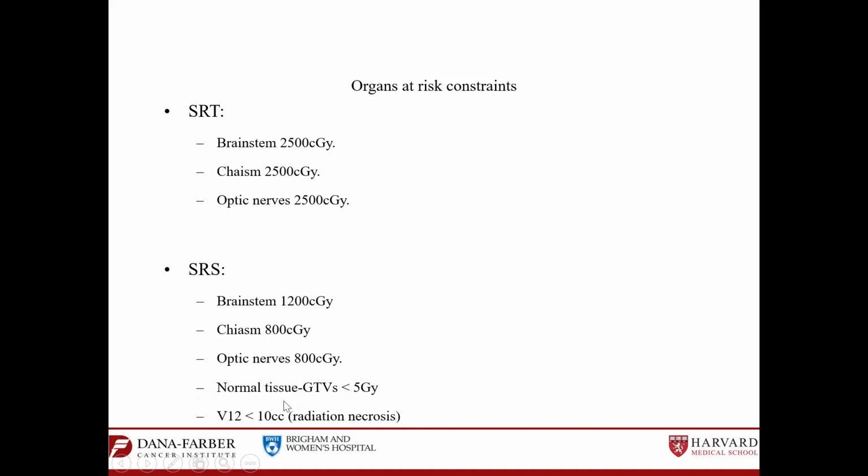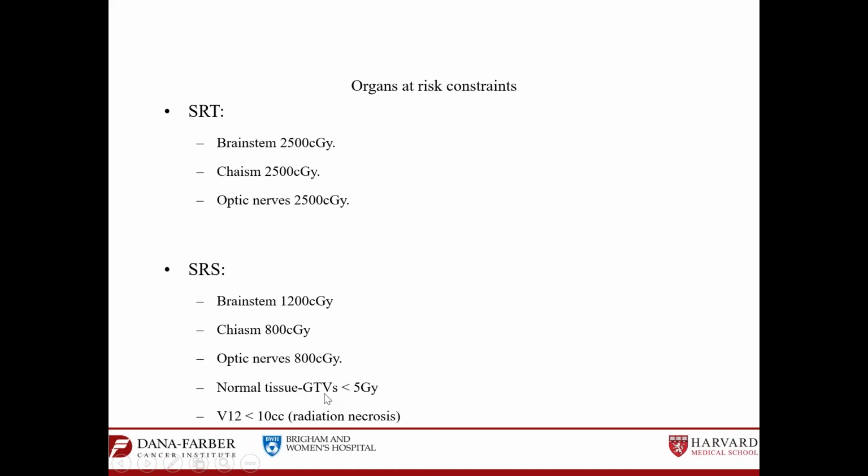Now, the point for normal tissue minus GTVs would be less than 5 gray. This is what is called integral brain radiation dose from the plan you're prescribing to your patients. So if you're prescribing brain metastasis radiation for 5 lesions, you should delineate the brain and then subtract all the GTV volumes, GTV 1 to 5, okay?